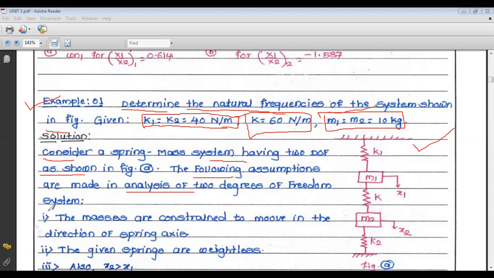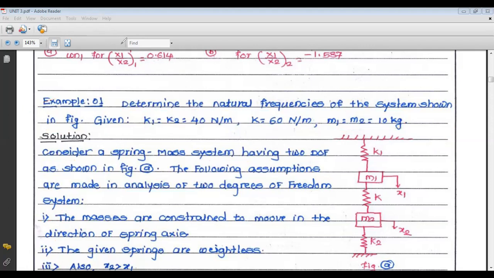First, the masses are constrained to move in the direction of the spring axis. Second, the given springs are weightless, and third, the value of x2 is greater than x1, that is, the displacement of mass m2 is greater than the displacement of mass m1.